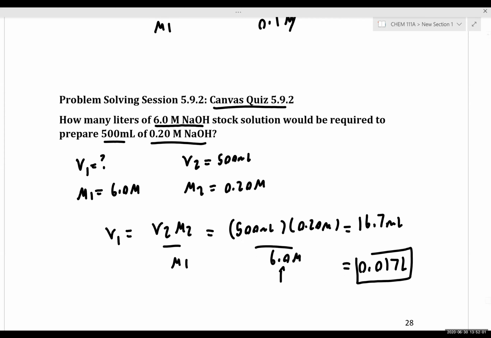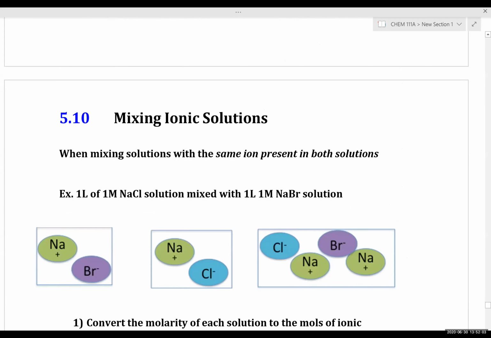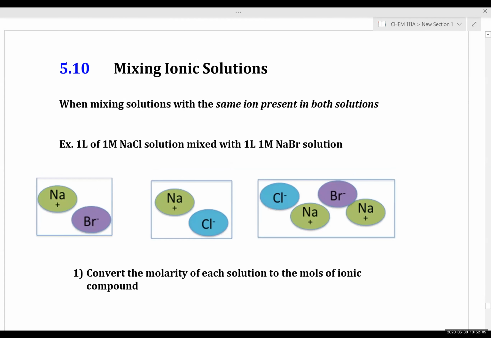Okay, so let's talk next about mixing ionic solutions. If you're mixing solutions with the same ion present in both solutions, you cannot use the dilution equation. Because as we can see in this picture, when we mix 1 molar sodium chloride with 1 molar sodium bromide, are the moles of each ion constant before and after you mix the solutions?